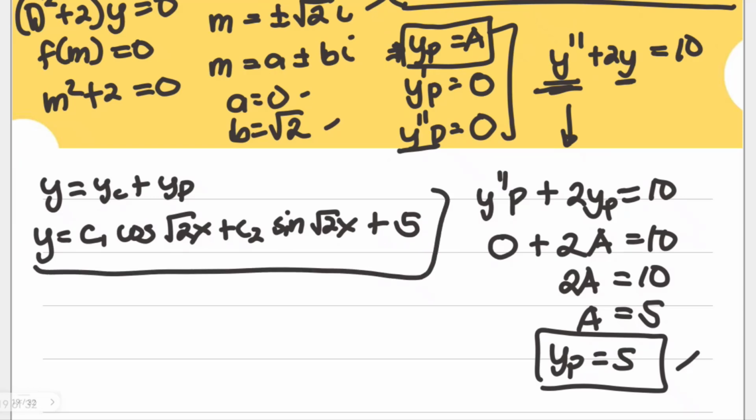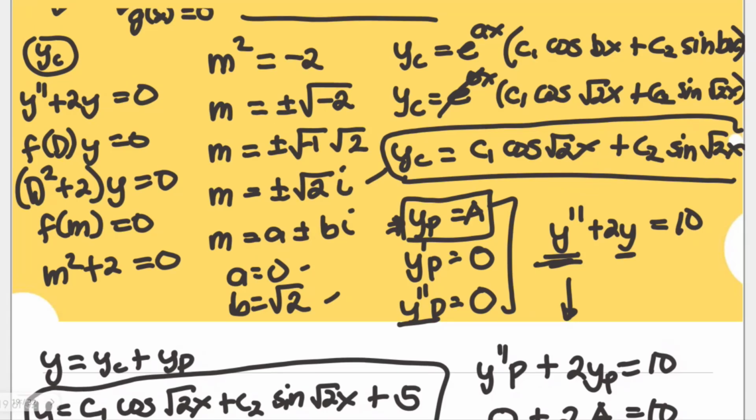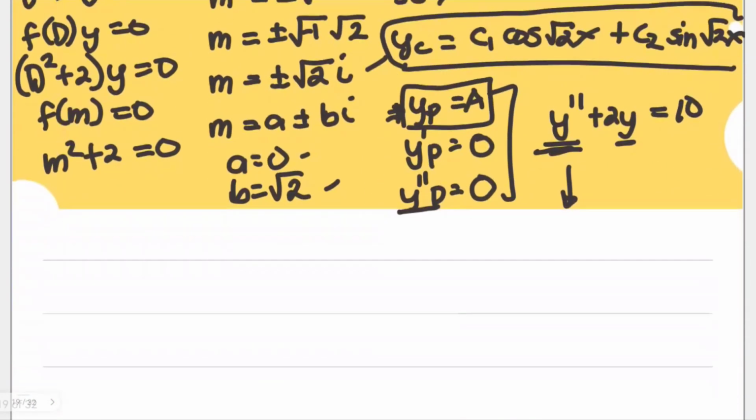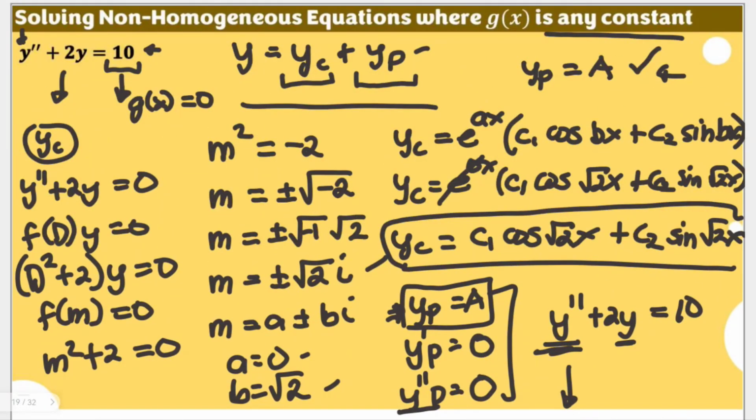This is now the solution of the given non-homogeneous equation. Again, this is a combination of y sub p following this method and y sub c following the usual method of solving homogeneous equations where g of x is expected to be equal to 0. So from this, we'll have this as our solution. Thank you very much for watching.